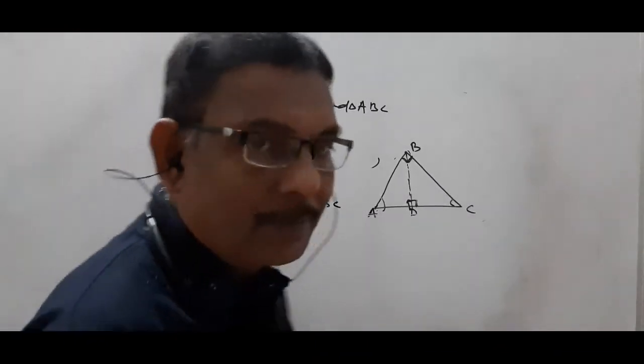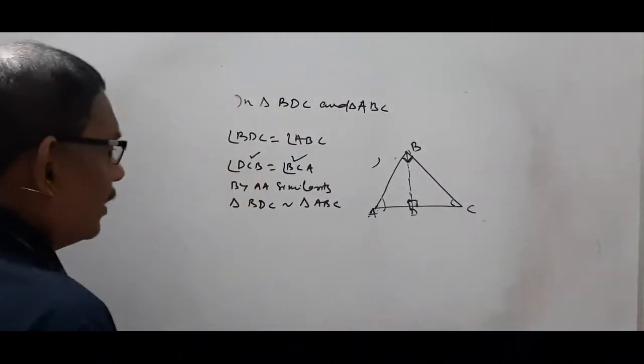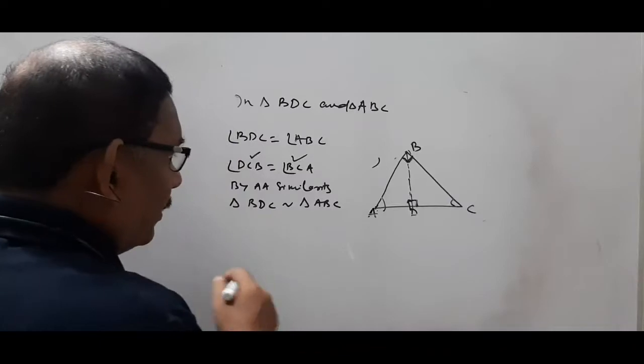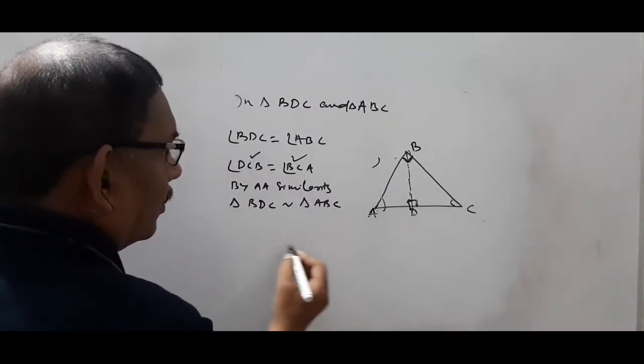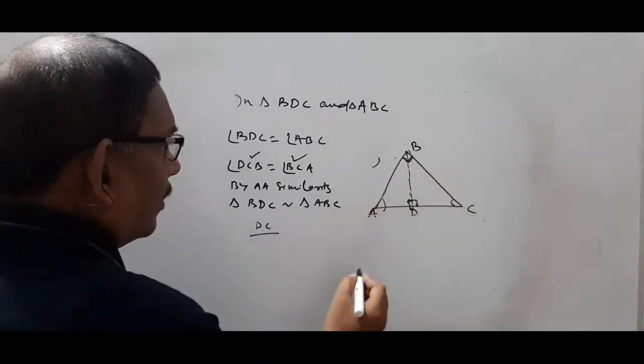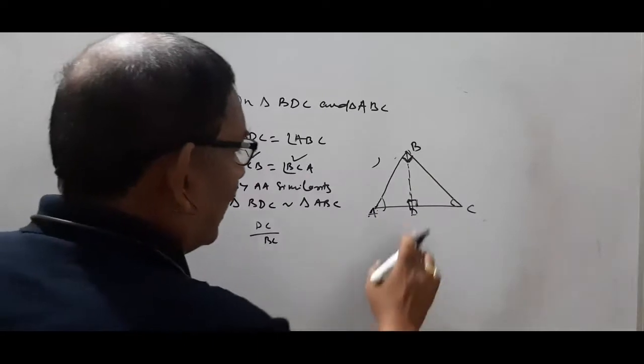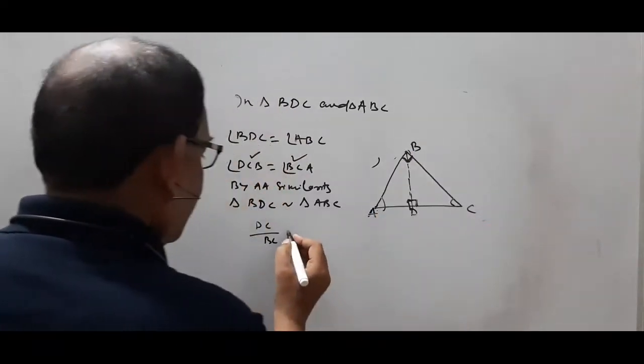As the two triangles are similar, the ratio of the corresponding sides are also equal. It means DC by BC, BC for triangle ABC and DC for triangle BDC.